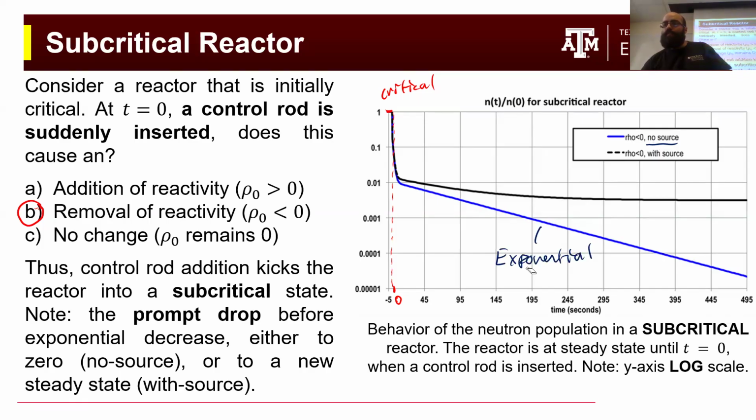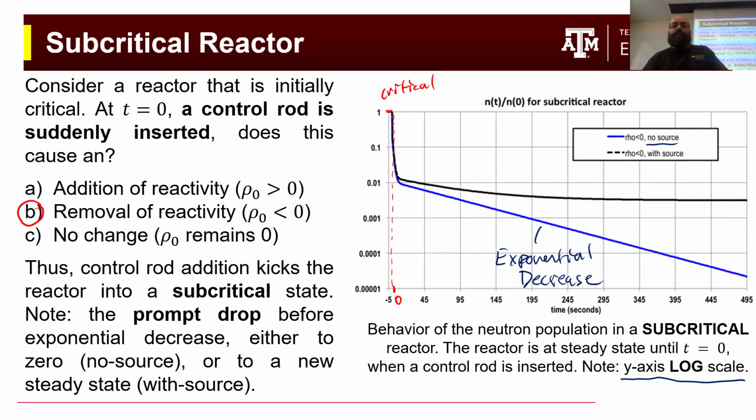We have a source-free subcritical reactor, so it has exponential decrease with time. It might not look like exponential decrease, but just be aware that the y-axis is on a log scale. So log scale, linear graph means that that actually is decreasing exponentially.